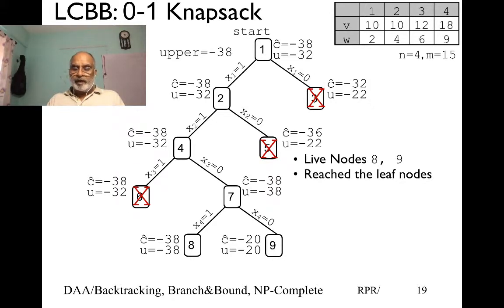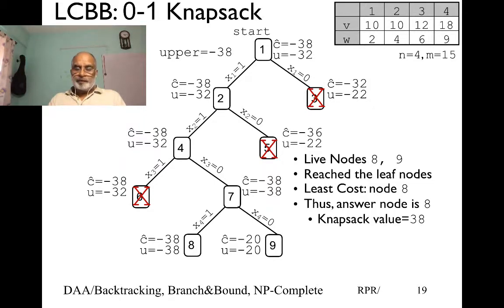Now node 8 and 9 are the leaf nodes. Node 9 doesn't have to be considered, we can kill it right away. That basically means, because node 8 is the leaf node, my answer node is 8, where my upper bound is 38 and my cost is minus 38, that gives the answer.